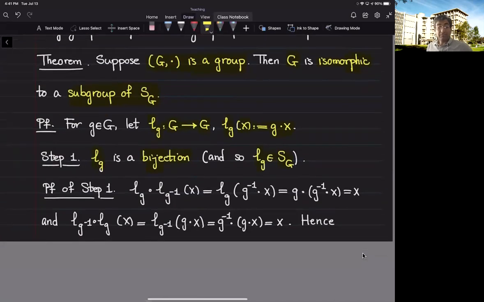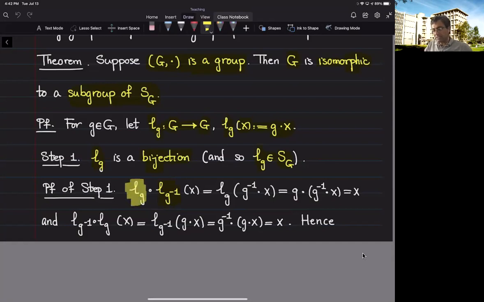In order to show that it's a bijection, it is enough to show that it's an invertible function. So I'm going to produce an inverse for this function. And magically, the inverse is nothing but left multiplication by g inverse. When I do the computation, the magic goes out, hopefully, especially when we discuss the homomorphism later.